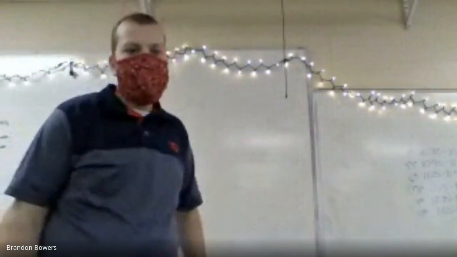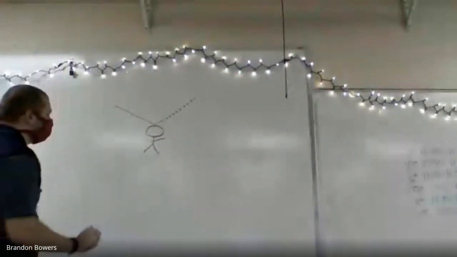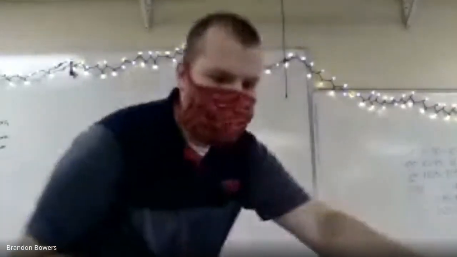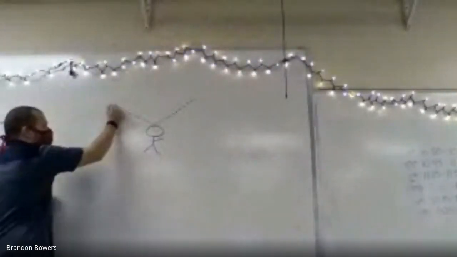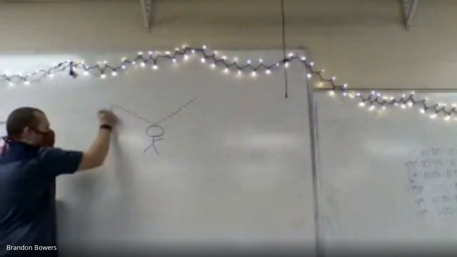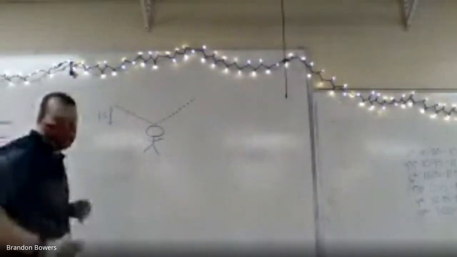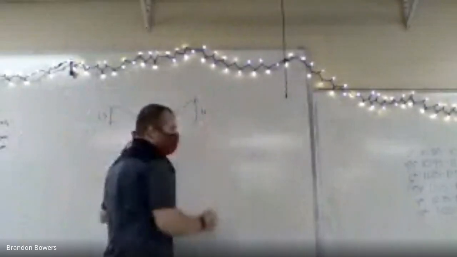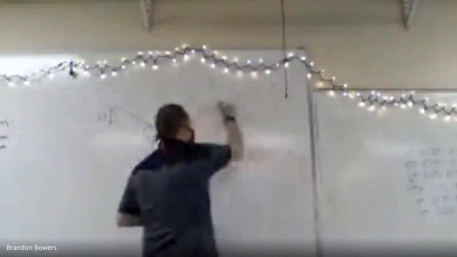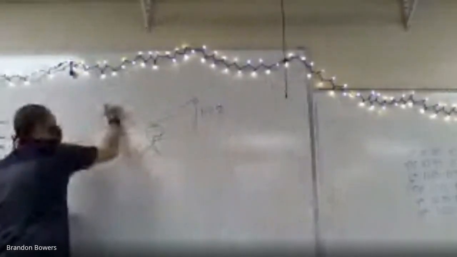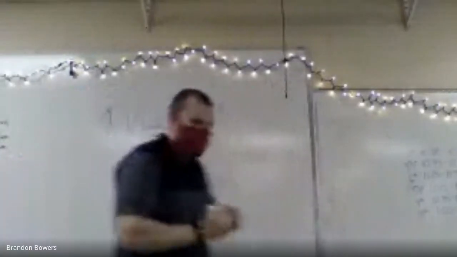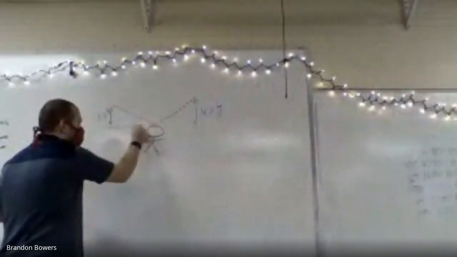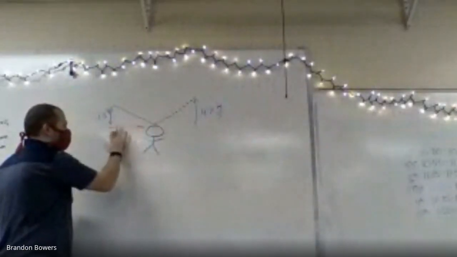All right. So, actually, let me change colors. Going down. Negative 1.3. 4.7 meters per second. Okay. So how's it faster?